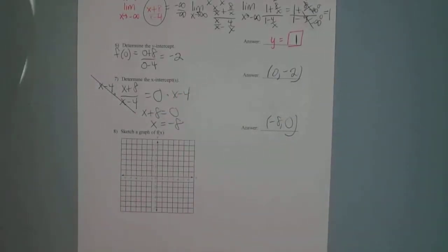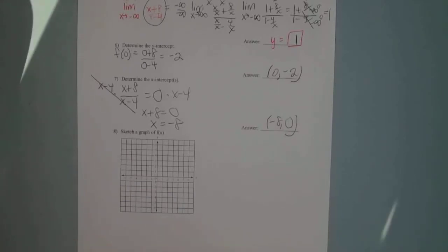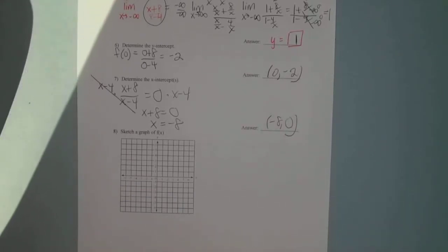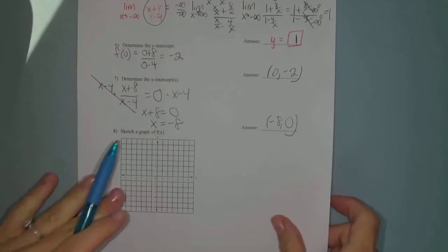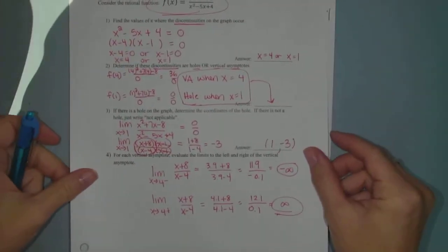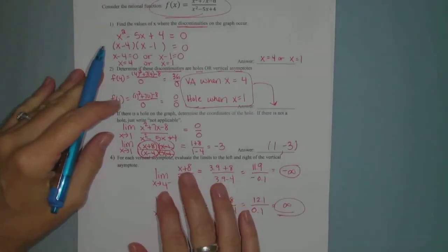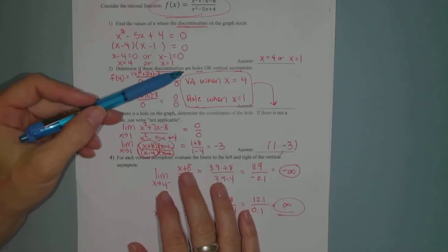Okay, now we're ready to sketch a graph. So we are going to put all of this information together. So let me get a different colored pen now so it pops out on the black here. So sketch the graph. I'm actually going to go all the way back to the beginning here. What did we find? Well, one of the first pieces of graphical information we found is that we have two discontinuities.